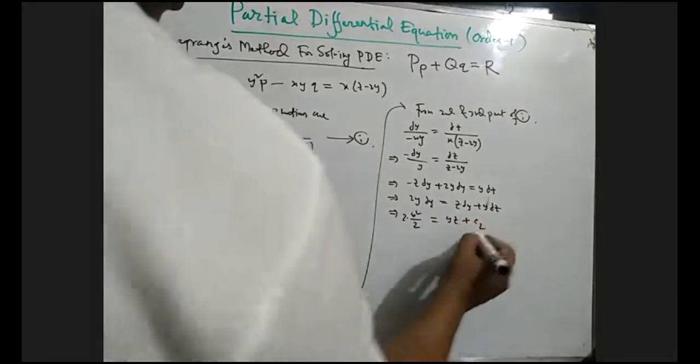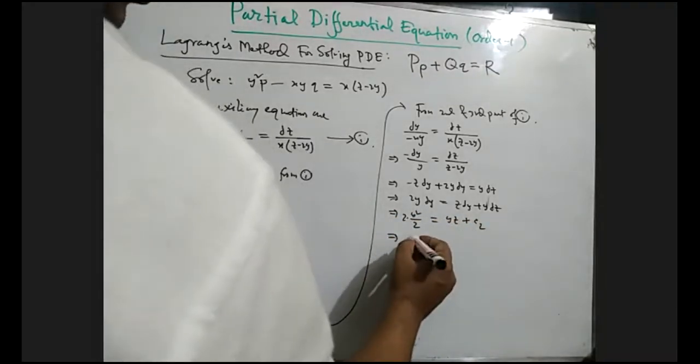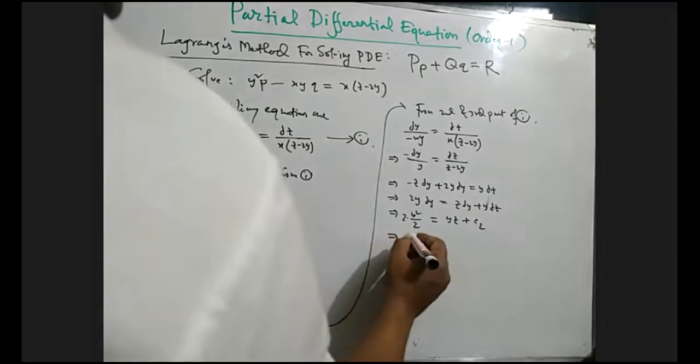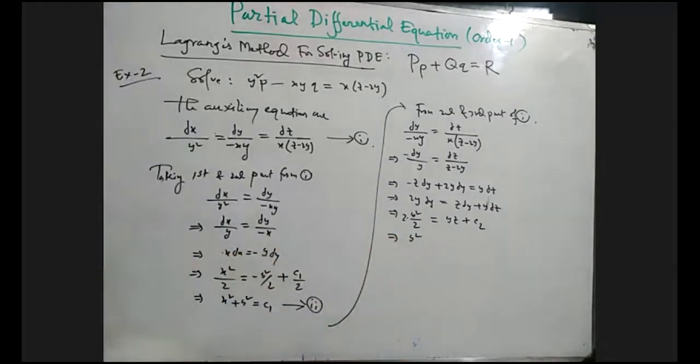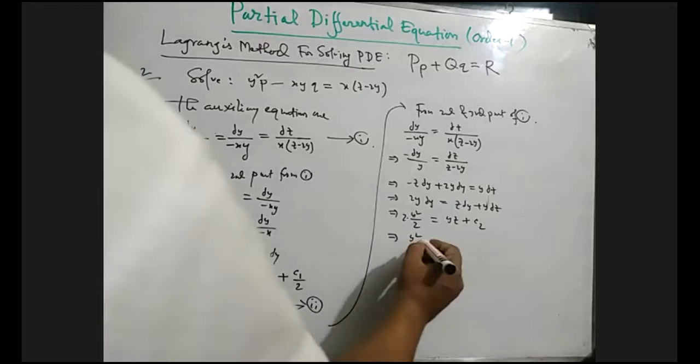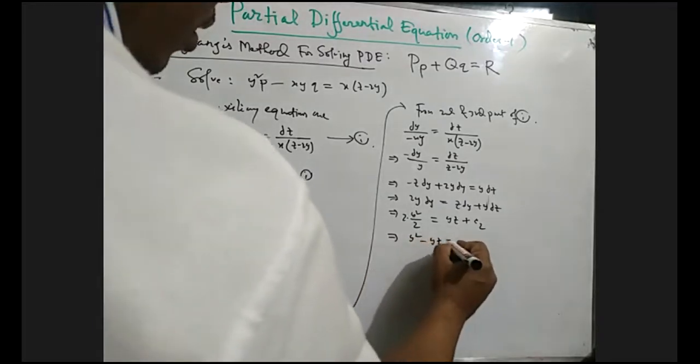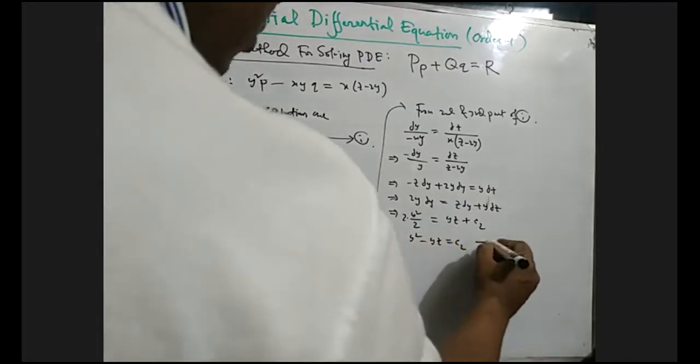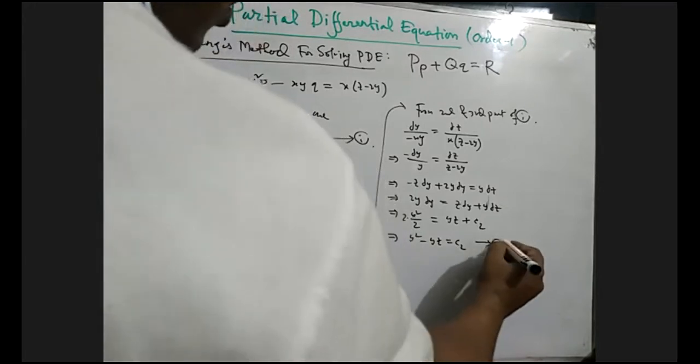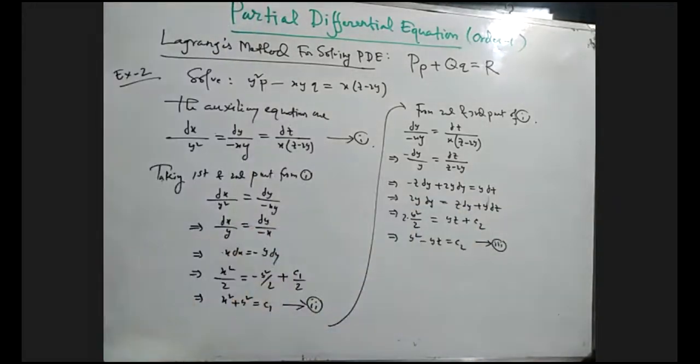Suppose this will be c2. So from here we can write y square minus yz equals to c2. So we have the values of two constants: one is c1 and the other is c2.